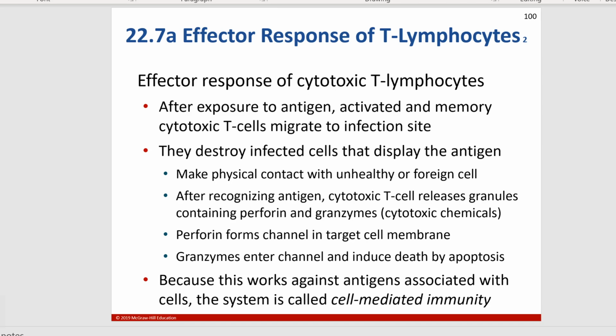Memory cytotoxic T cells migrate to the infection site, destroy affected cells, and display the antigen. Because it works against antigens associated with cells, it's called cell-mediated immunity. It's a cytotoxic T cell, it goes after cells.